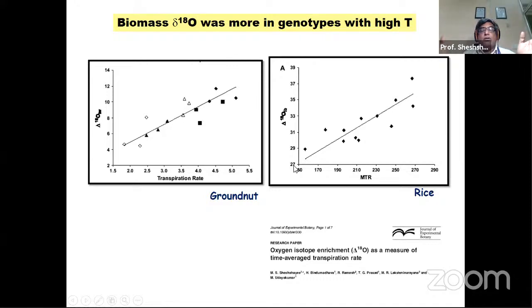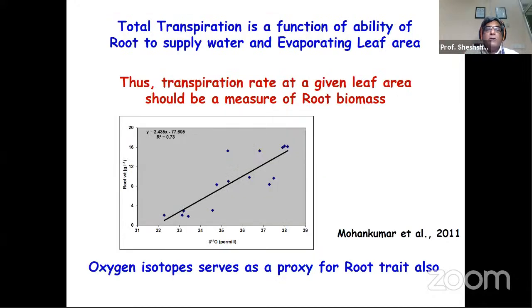Now we combine both the methods of using the oxygen and the carbon isotope, called the dual isotope approach, for identifying carbon fixing types, which we call the chloroplast or the mesophyll capacity types, for increasing the biomass.